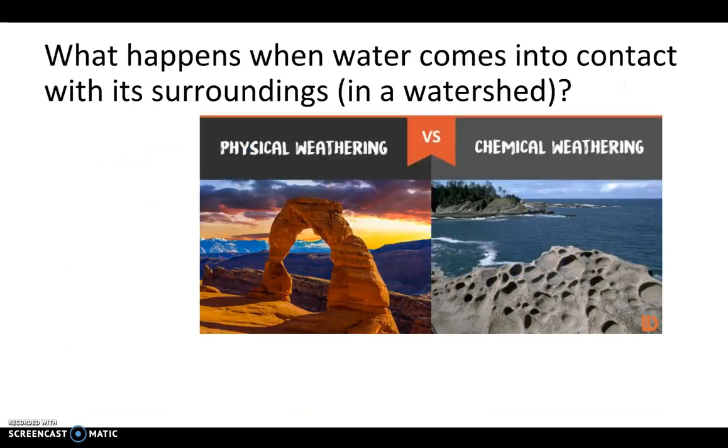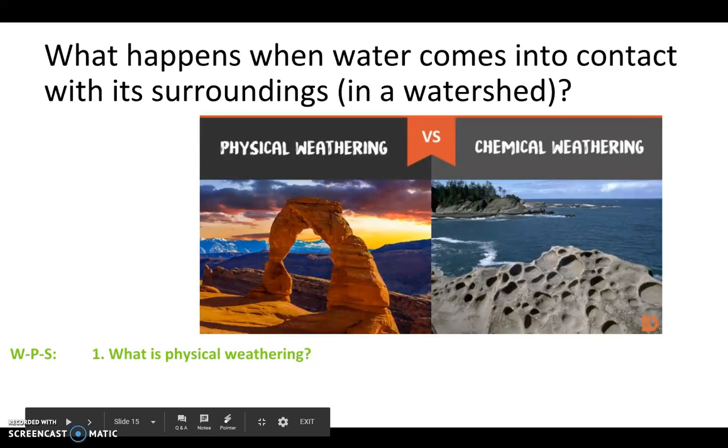So we're just going to briefly get into weathering and chemical weathering. But we're going to go into more detail next week. So we're looking at what happens when water comes into contact with its surroundings in a watershed.